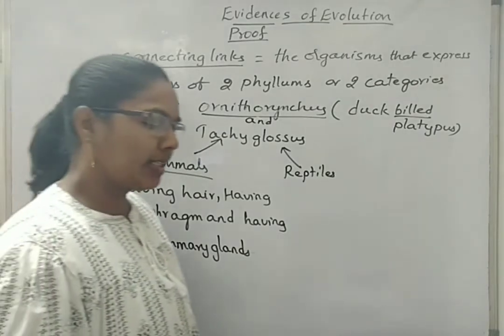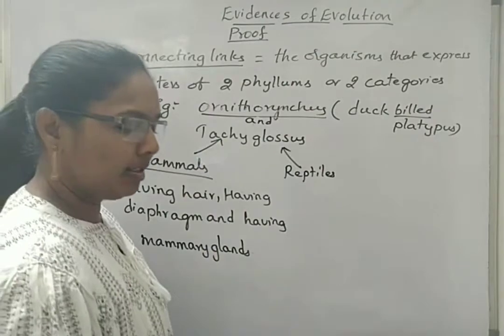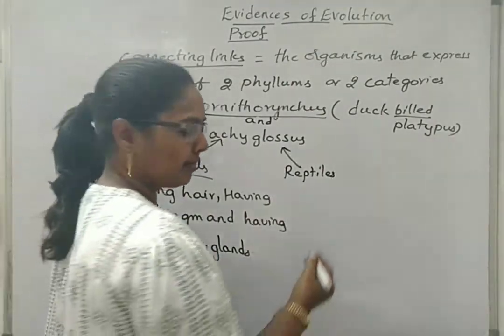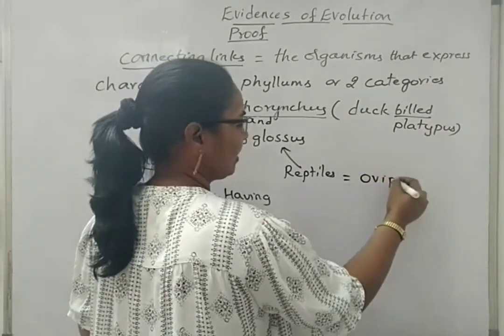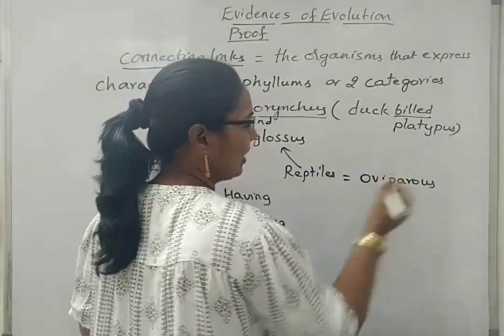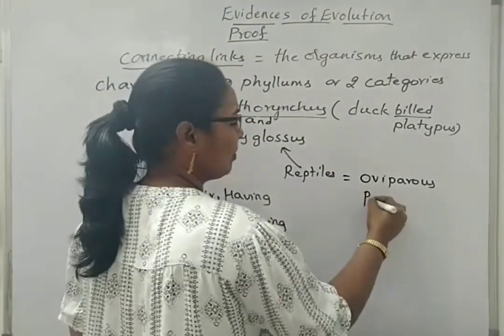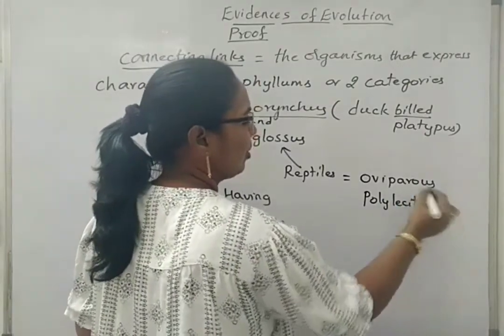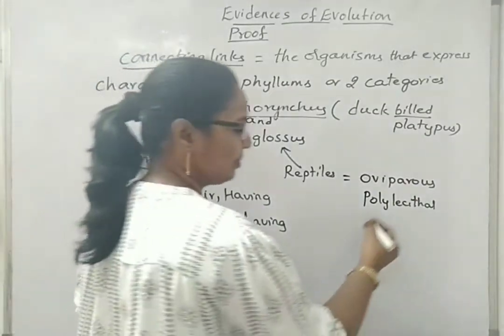Next, what are the characters adopted from reptiles? Reptiles are oviparous, it means egg-laying organisms. Next, their eggs are polylecithal. Polylecithal means having more yolk in the egg.